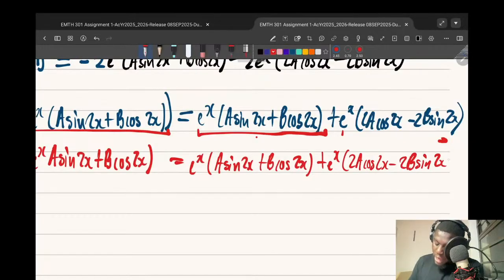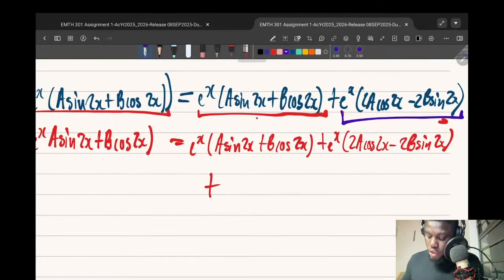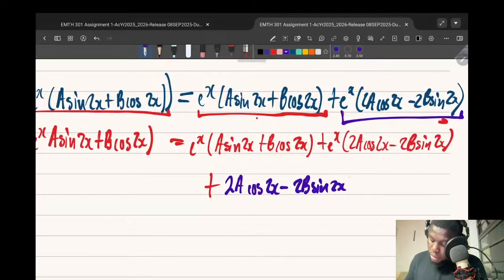Then plus, now we differentiate this. You bring the second one as it is, 2a cos 2x minus 2b sine 2x, then multiply by the derivative of the first, e to the x.